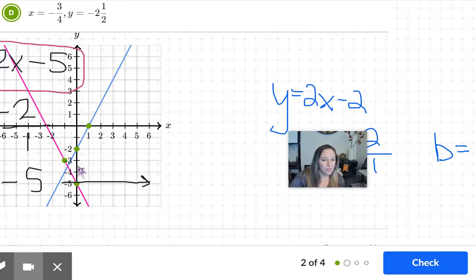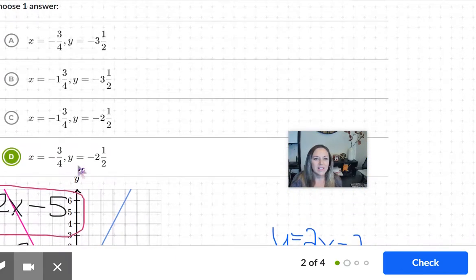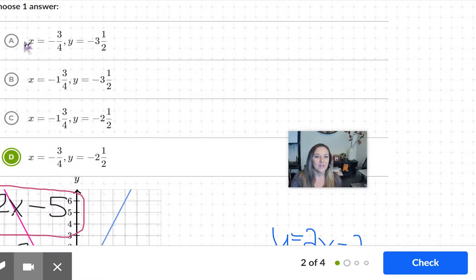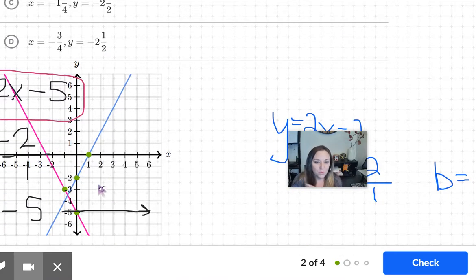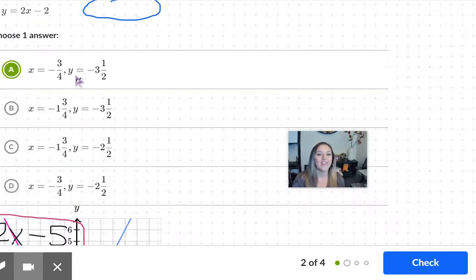It's about -3, maybe -3.5. Let's see. Yes, -3.5. Okay, it's definitely not crossing at -2.5 because that would be right about that place right there. It is down a whole number at -3.5.